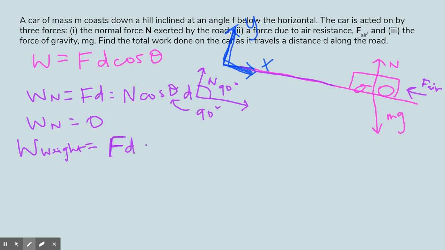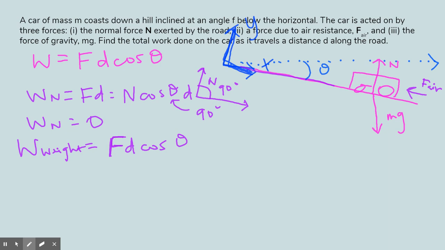We're going to use force times distance times cosine theta. Now, what is this angle? Well, if I draw the surface up here, like this, all the way across, we know that this is our angle, and we're looking at weight here. We're focusing on weight.